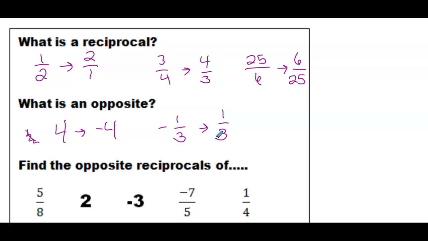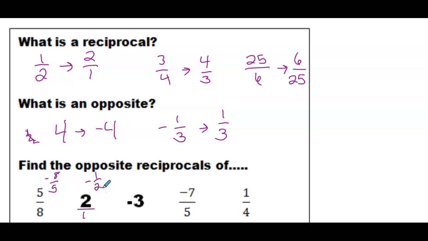If I have a positive 5/8, the opposite is going to be negative. The reciprocal is upside down, so this would be -8/5. For 2, the opposite would be negative, and then we have to think of 2 as 2 over 1. So that means the opposite reciprocal is -1/2.